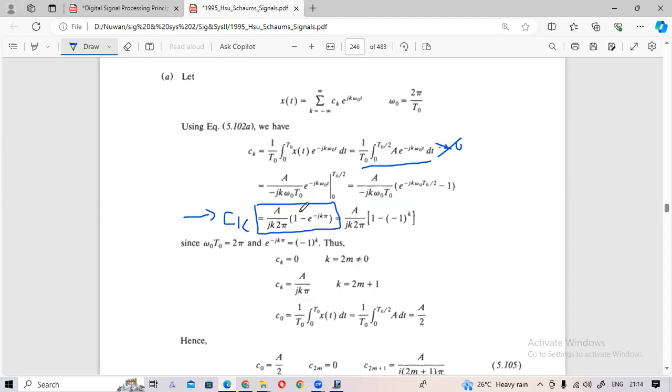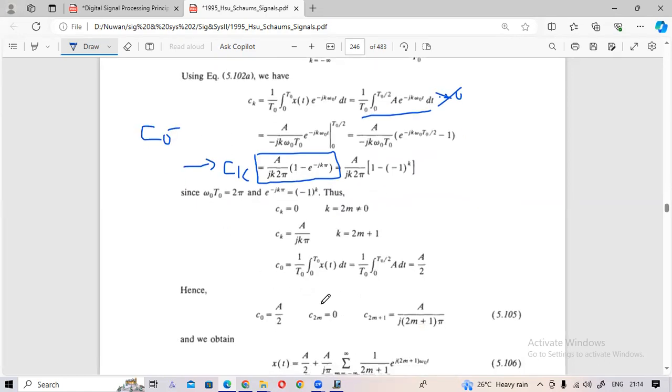Then 1 minus 1 will be 0, and here also 0. So 0 divided by 0 is not defined. Using this, you can't calculate c naught. Sometimes it will give you an undefined value. So the better thing is to calculate c naught separately.